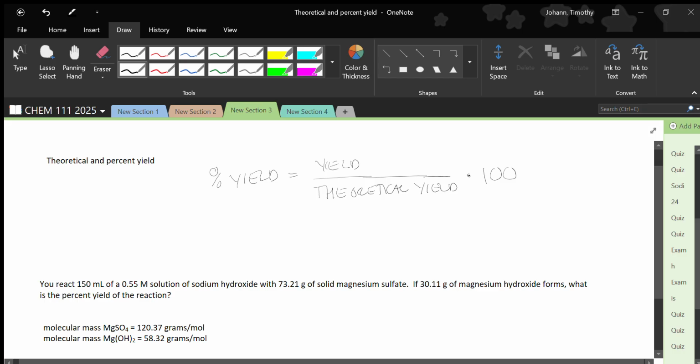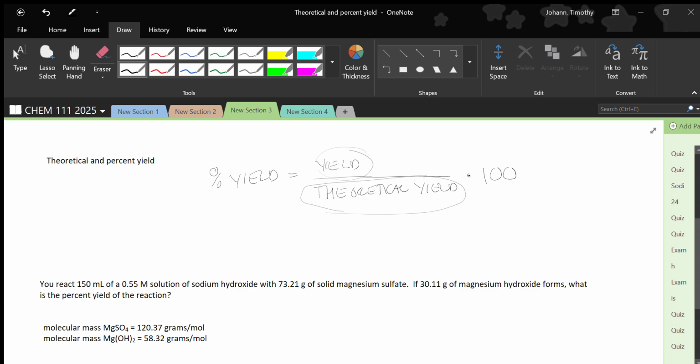So your actual yield would be in lab, let's say, how much stuff you got out of your reaction. Your theoretical yield is the total, the possible, if you'd gotten everything, all of your stuff that you should have, and didn't have any losses, and everything completely reacted. That's what your theoretical yield is. And we can calculate that. We calculate that from the limiting reagent.